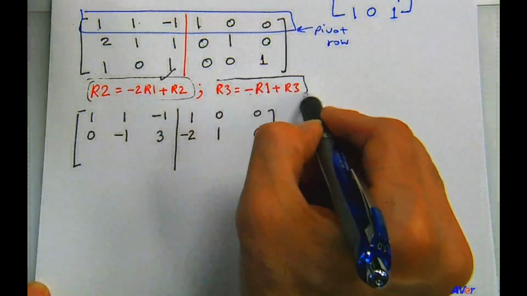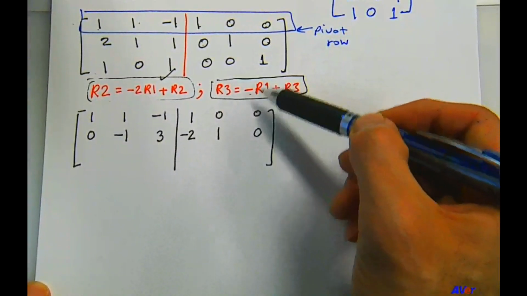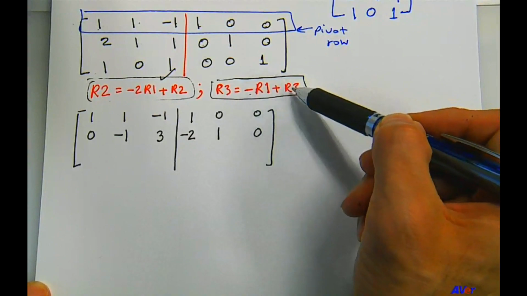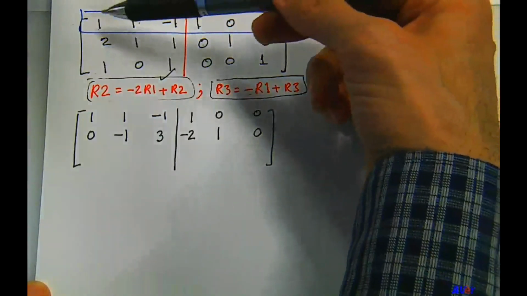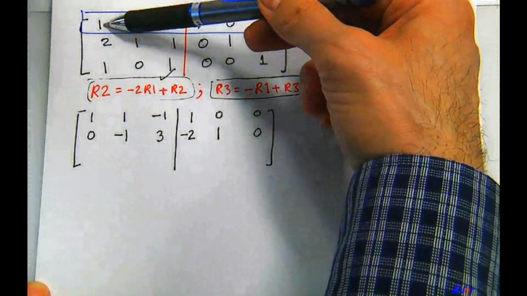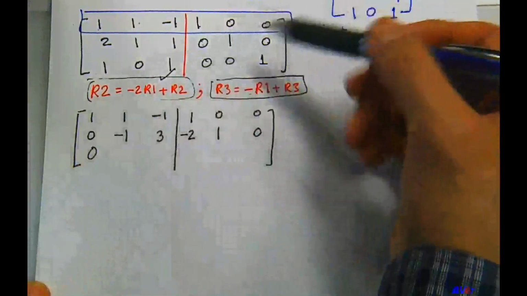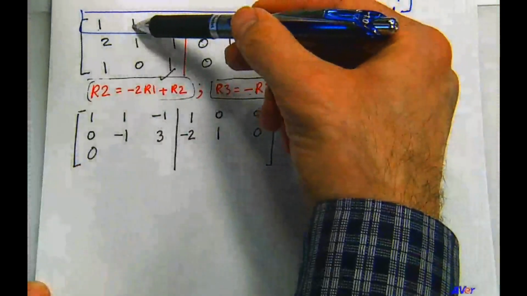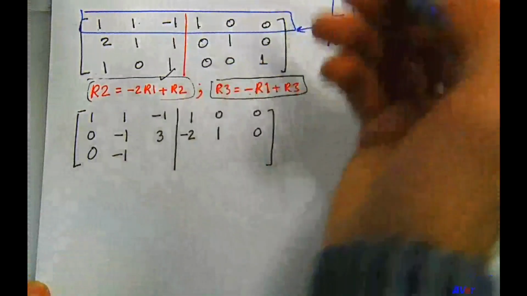We're going to move to this one. This is saying multiply the first row by negative 1 and then add the result to row 3. So minus 1 times 1 is minus 1, plus 1 is 0. Minus 1 times 1 is minus 1, plus 0 is minus 1.